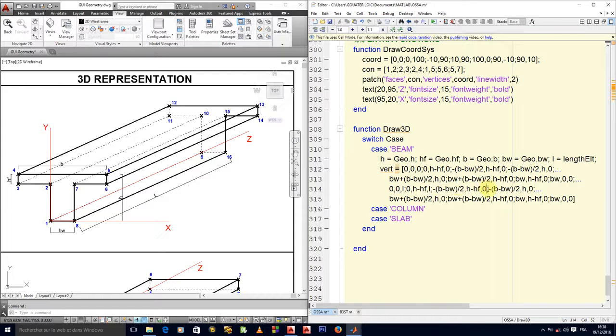That is a method. It is my method. It is not the method. L, is there an L I've forgotten? L. Okay, so those are coordinates.